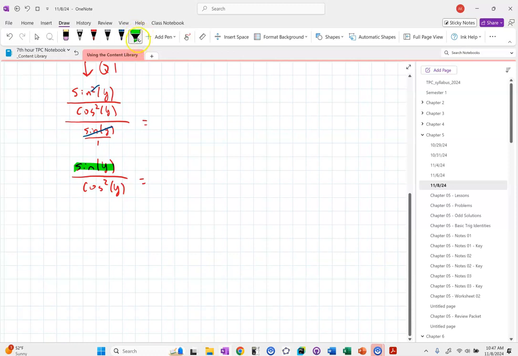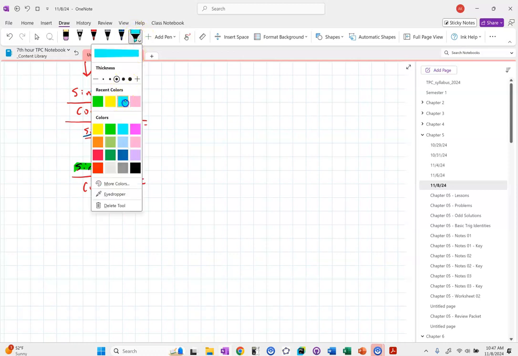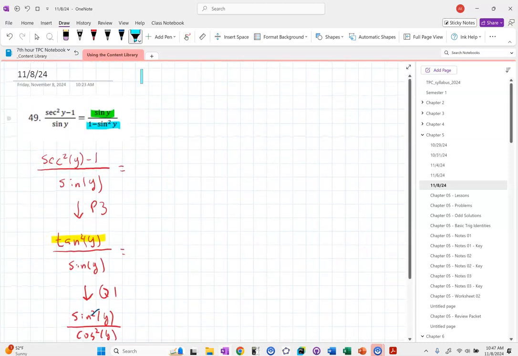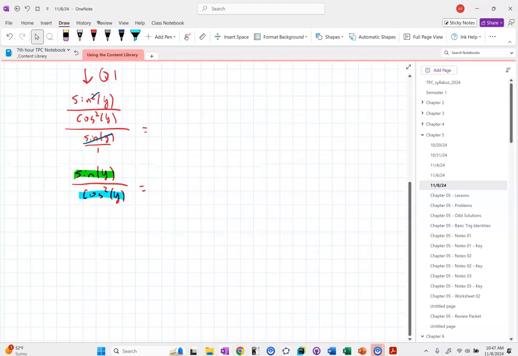If I look, the denominator I have is cosine squared. And I want that to be 1 minus sine squared. Well, hey, that's P1, right? And so I'll be finished there.